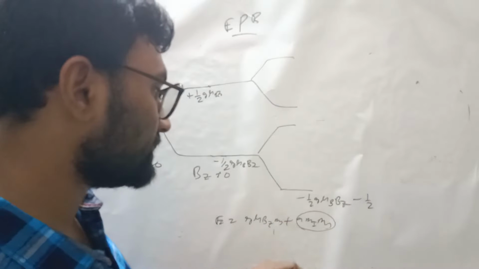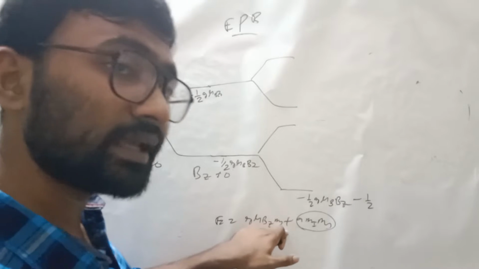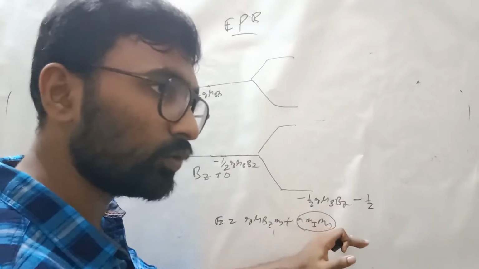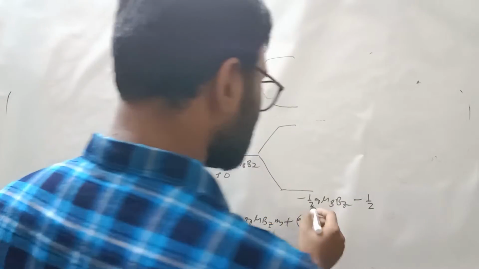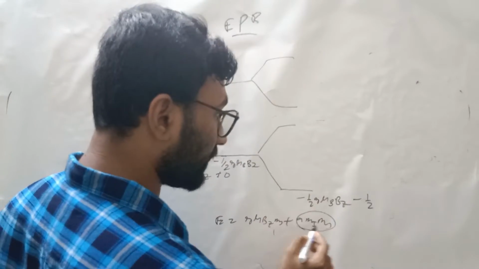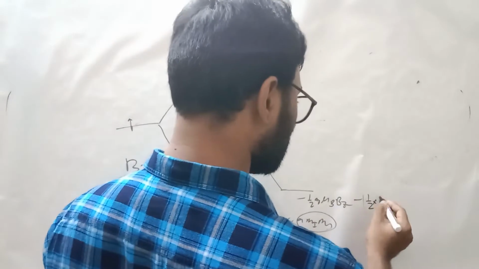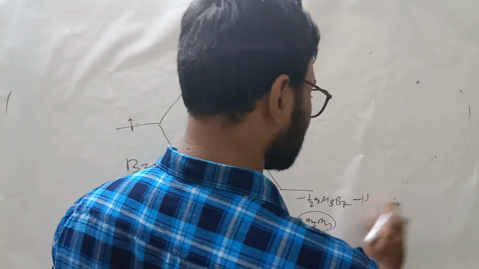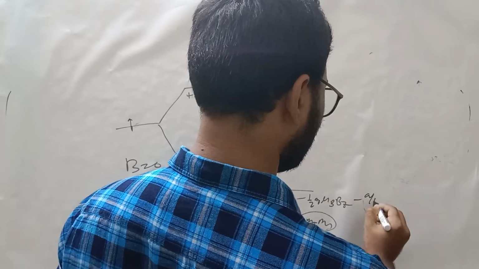Now the lowering of energy means it should have a negative value. It is already negative, so more negative will be the lowering in energy. ms already has a negative half value, so I should take the positive half, meaning half into half. Understood now? It is nothing but minus A by 4.